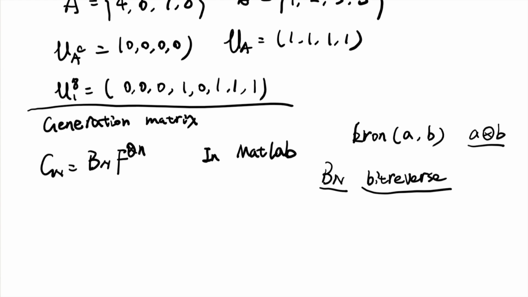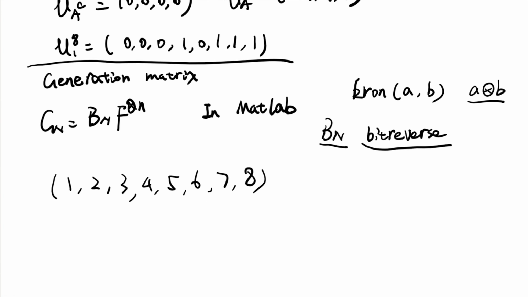If we have a vector whose elements are 1, 2, 3, 4, 5, 6, 7, 8, the indices of every element, written in binary form, are 000, 001, 010, 011, 100, and so on.